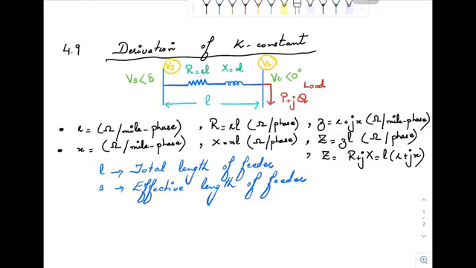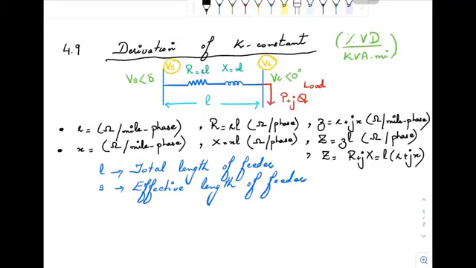Now in order to compute the voltage drop across this feeder, as we know that K constant basically represents the percentage voltage drop, and the unit of K is percentage voltage drop per kVA miles.